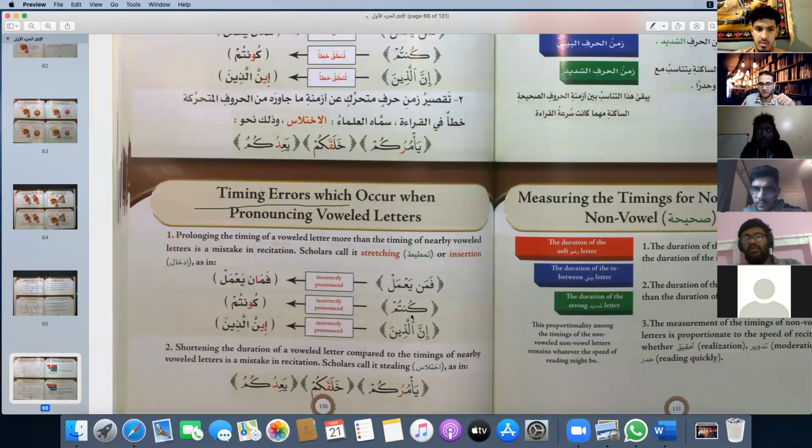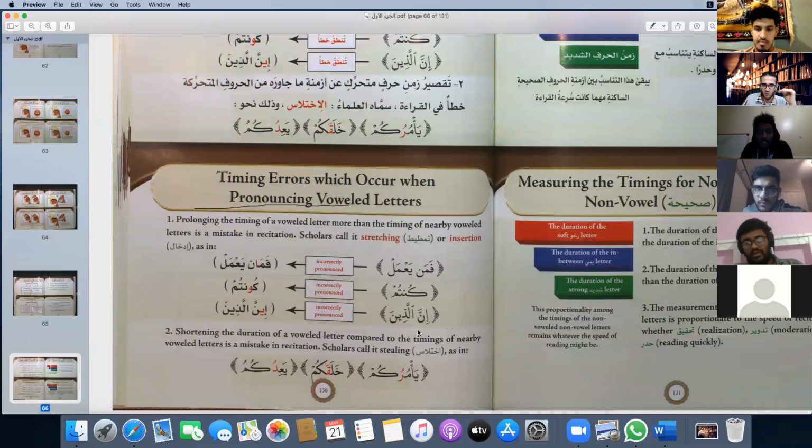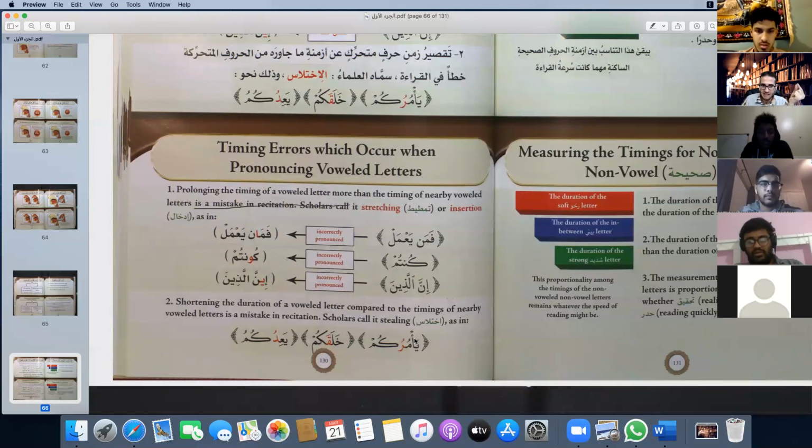Or kuntum, or inna. This is a mistake. Why? Because I am entering a new letter in my recitation. And also, when I shorten some letters, it's a mistake. Shortening the duration of a vowel letter compared to the timing of nearby vowel letters is a mistake in recitation.